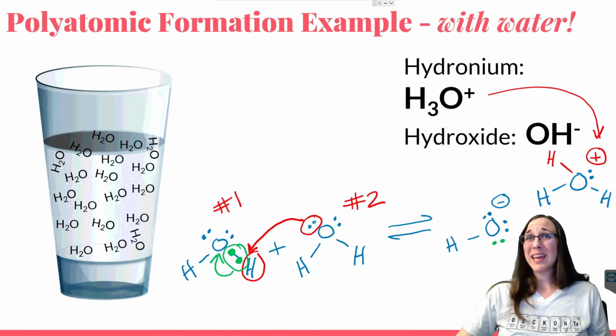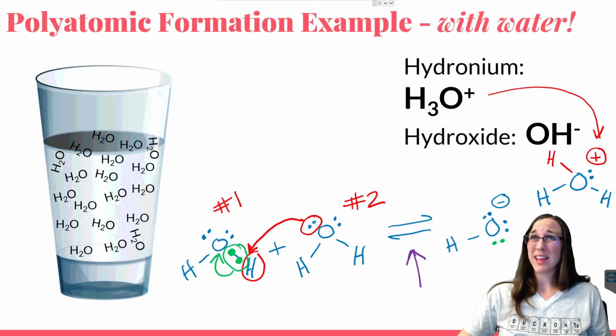Now, what did I mean by equilibrium? Equilibrium means that it can shift back and forth. That's what these arrows mean. It can go back and forth, this reaction that is. Meaning that, well, there's a positive and a negative, and the hydronium ion has an extra hydrogen, and hydroxide really would like a hydrogen since it's got a full negative on it.